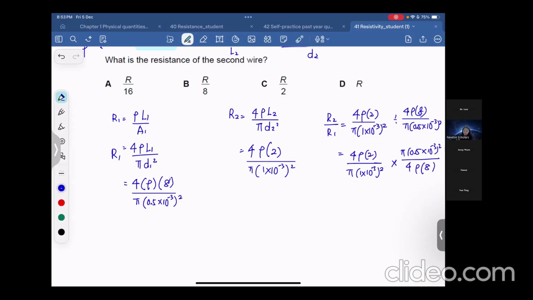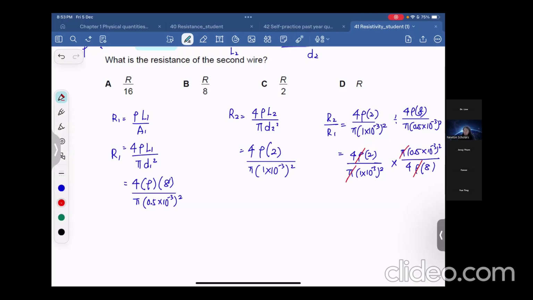You see, some of the values we can cancel out here. We don't need to press the calculator, we don't need to calculate a big value. Here, resistivity isn't given to us, but it doesn't matter because they are the same iron, so their resistivity is the same.